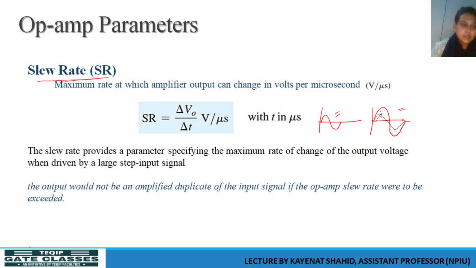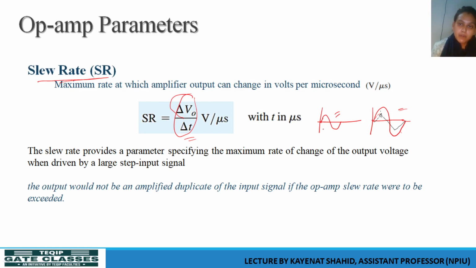To get the exact shape, and not get distortion or a shape change in the output, slew rate is very important. Slew rate shows the rate of change of output with time, shown as delta VO over time. It is the maximum rate at which the amplifier output can change, in volt per second.